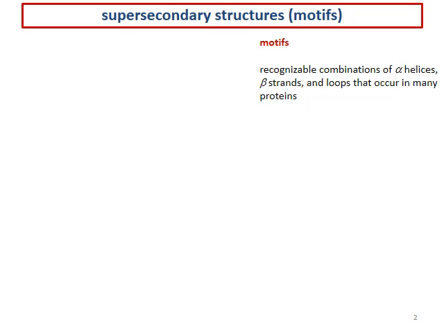That leads us to supersecondary structures, also known as motifs, and these are recognizable combinations of alpha helices, beta strands, and loops that occur in many proteins. Some examples of these motifs are helix loop helix, which literally looks like a helix with a loop with a helix.